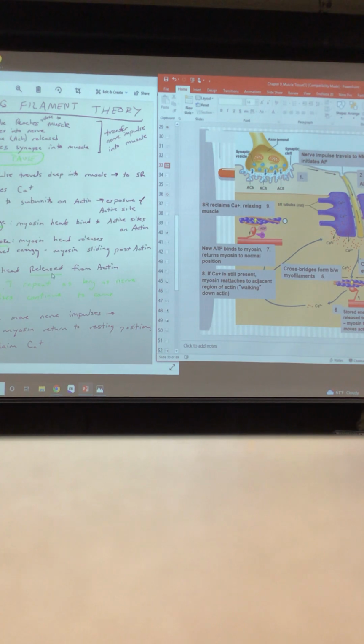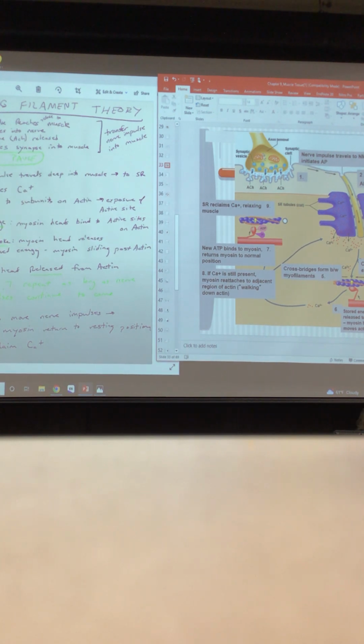That cycle ends when you no longer have nerve impulses coming down to tell the muscle to stay contracted. Then actin and myosin will return to their resting position, and the sarcoplasmic reticulum will reclaim its calcium for next time.